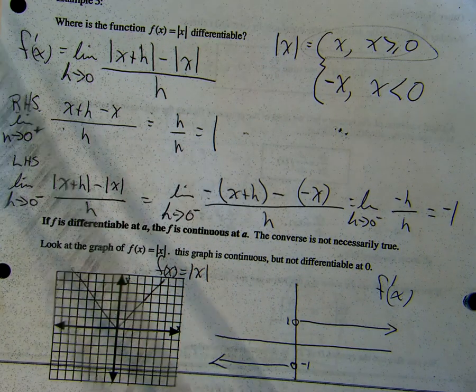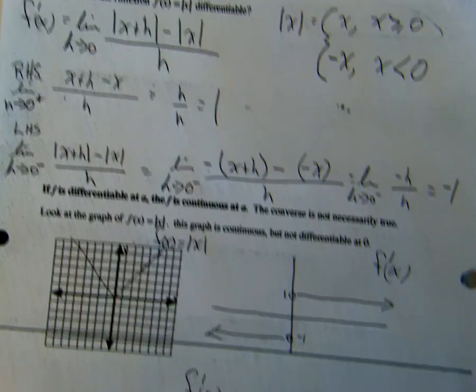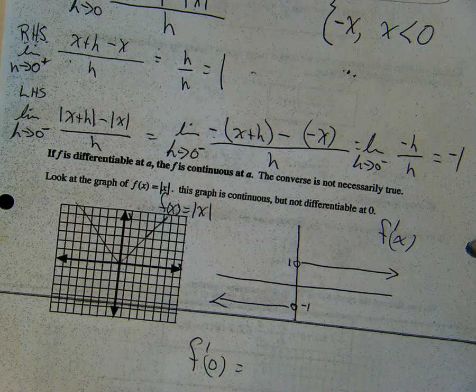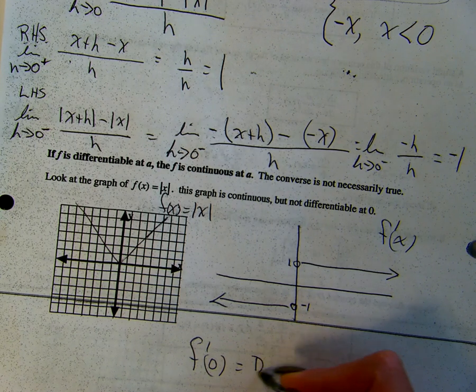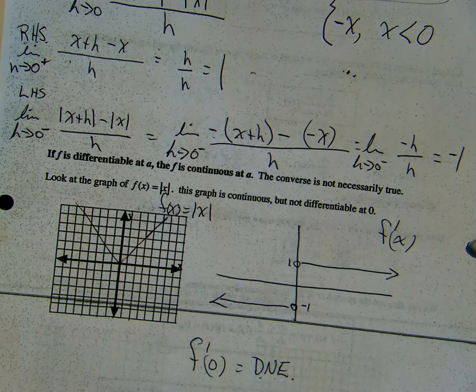The question is, what's f prime at 0? Does the left-hand limit equal the right-hand limit? No. So at 0, the limit doesn't exist. So f prime at 0 does not exist. You can't take the derivative.